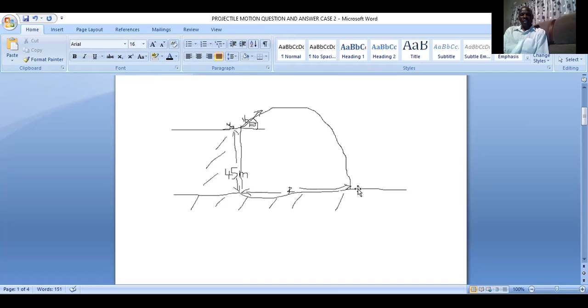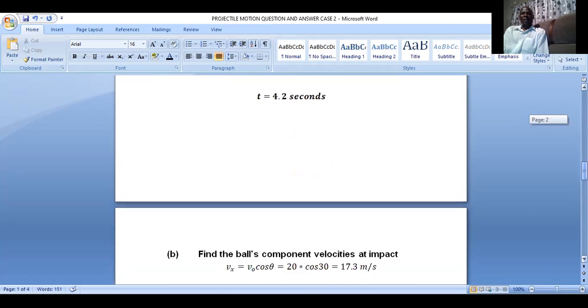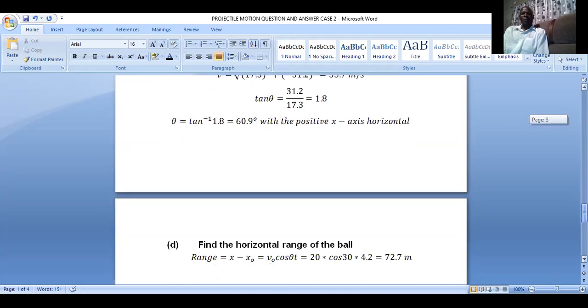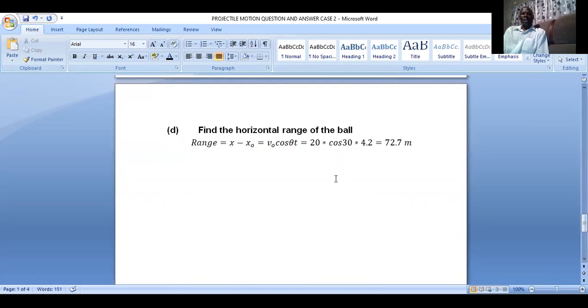So you subtract x minus x0, and it gives you the range.